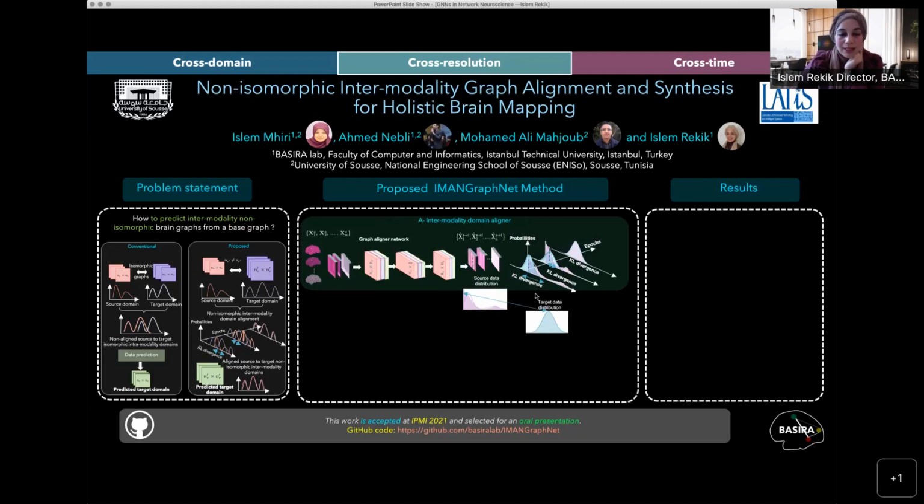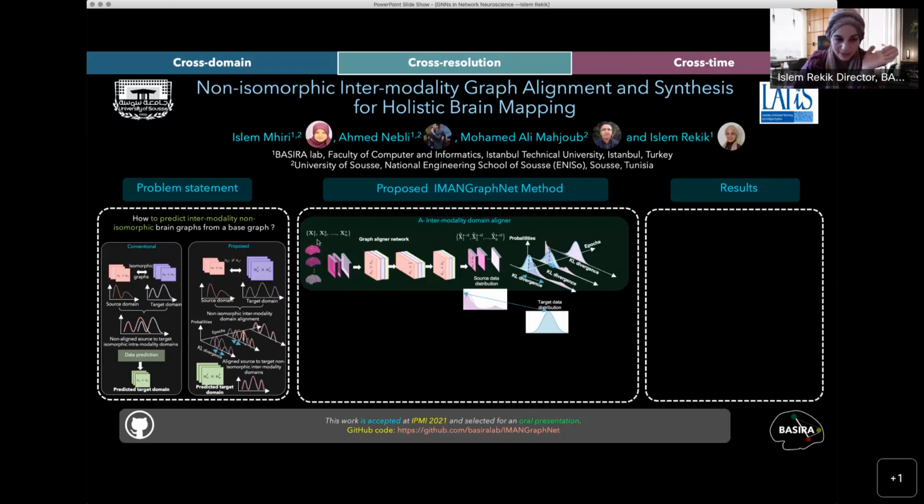Let me explain how the proposed architecture, IMANGraphNet, works. First, we have a block that we name an intermodality domain aligner. The idea, guys, is actually simple. It's not too difficult, but it was very effective. It gave really very good results. Here, first we have the X1 to XN training data, neural graphs, neural subjects.